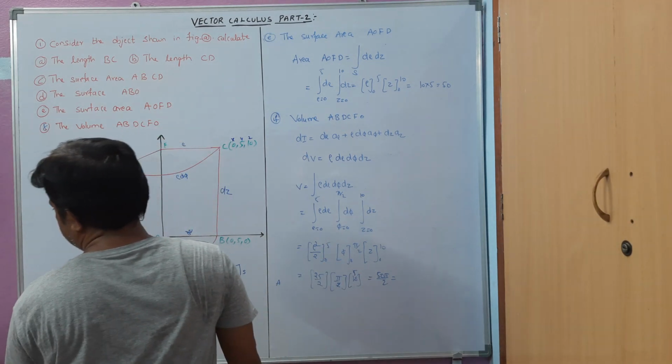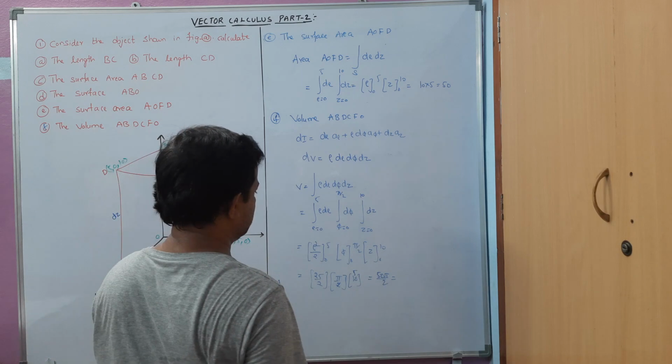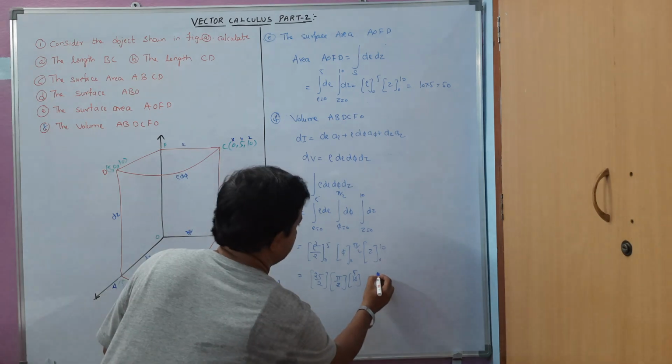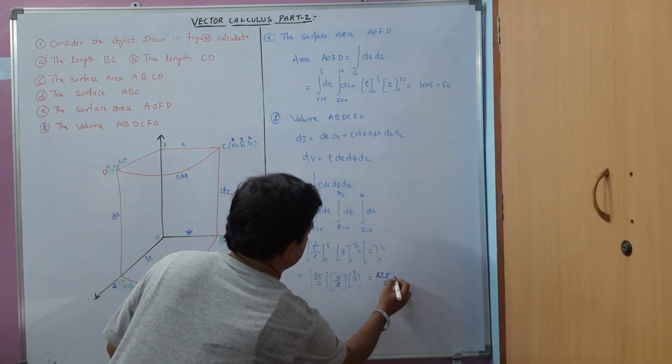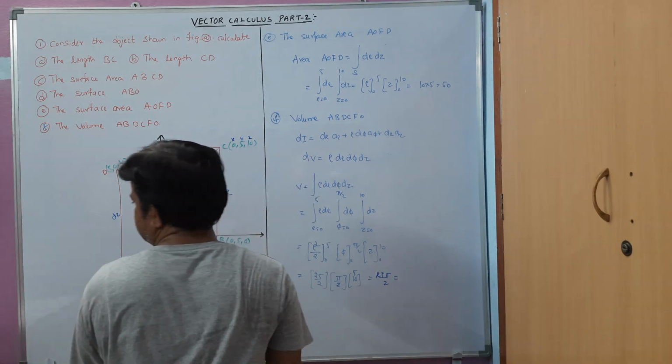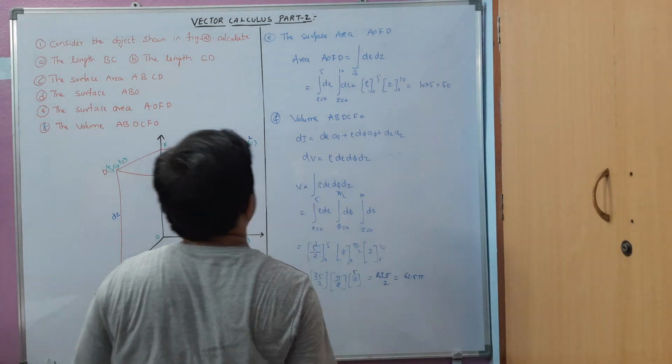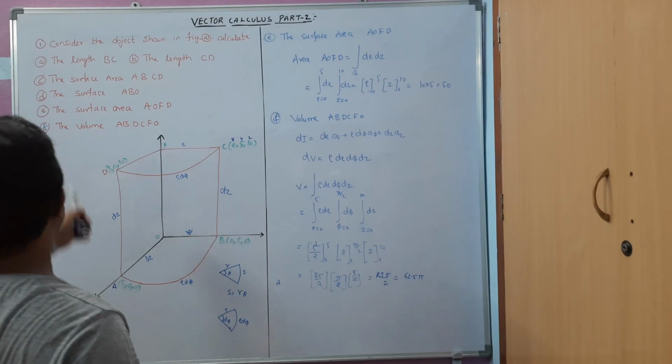So we will get 10 into pi by 2 into 25 by 2, which gives 125 pi by 2. That is equivalent to 62.5 pi. So this is the answer for this entire question.